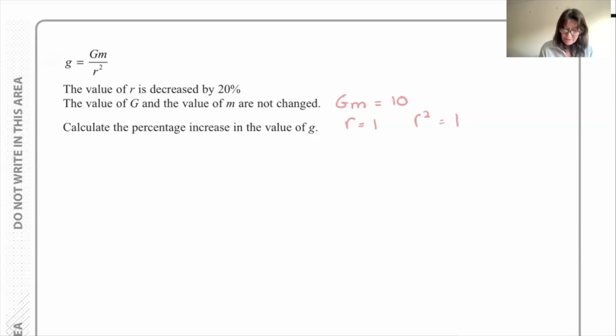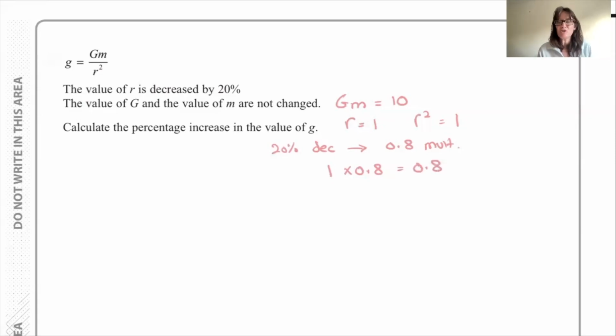Now, I have to consider the fact that the R is going to decrease. If I'm going to do a 20% decrease, that is a 0.8 multiplier, which is what I'm going to use. So my original R, which is 1, if I times that through by 0.8 to get my 20% decrease, I'll get 0.8.